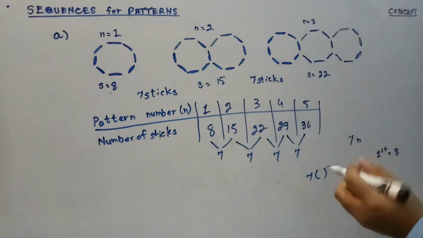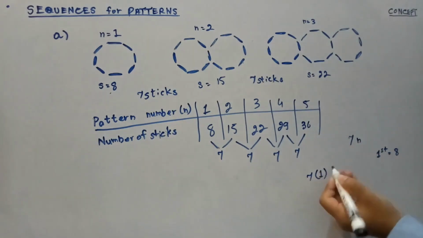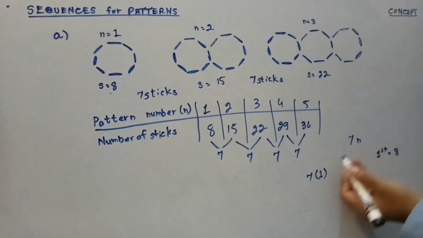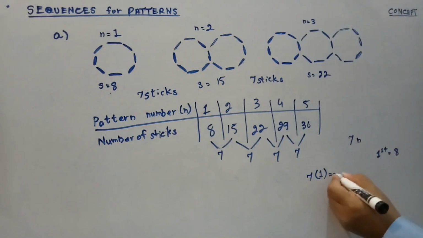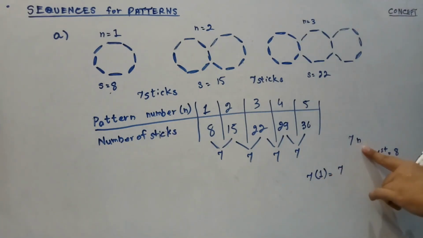So if we want to see the first pattern, according to the first pattern this formula will give us 7. But in actual, our first pattern has 8 sticks.